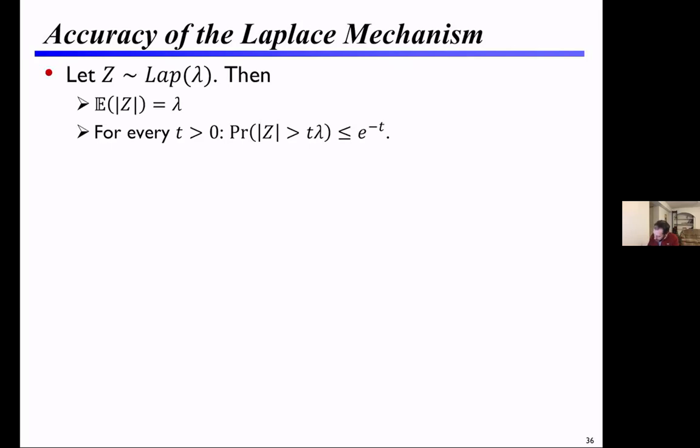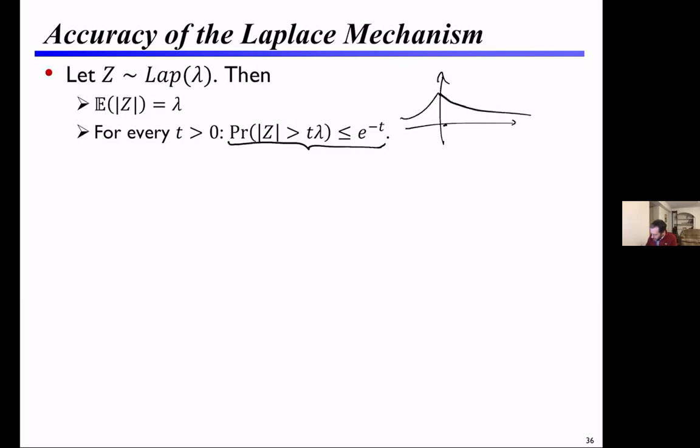You can also prove a tail bound: the probability that Z exceeds any multiple of lambda drops off very quickly as that multiple gets big. Again, the distribution looks like this.